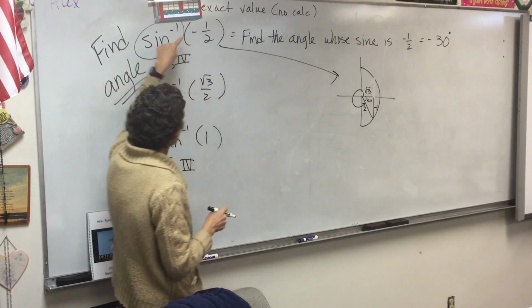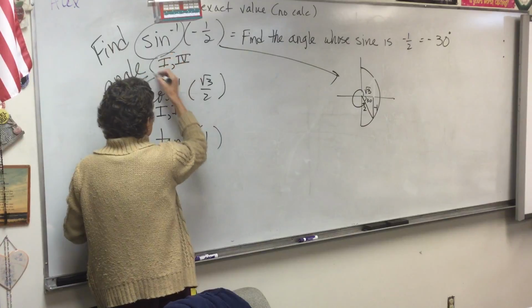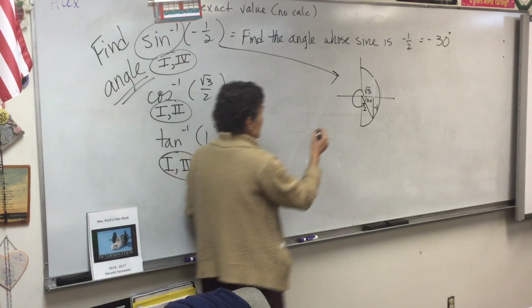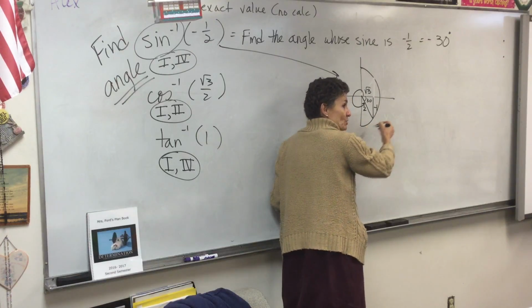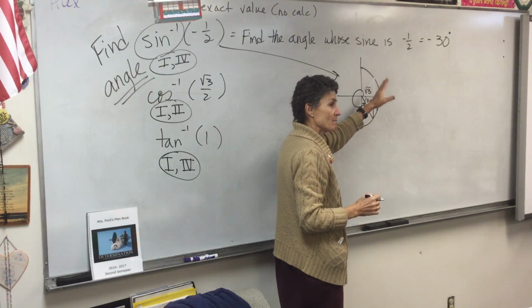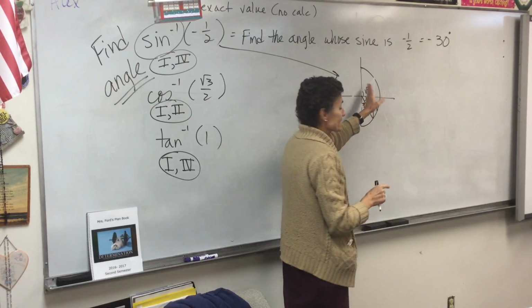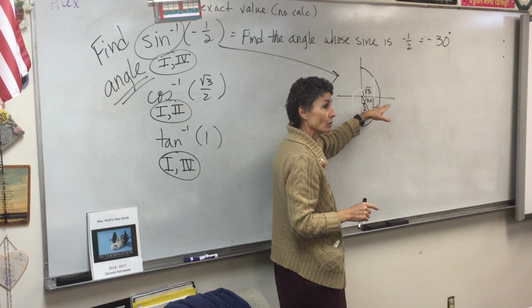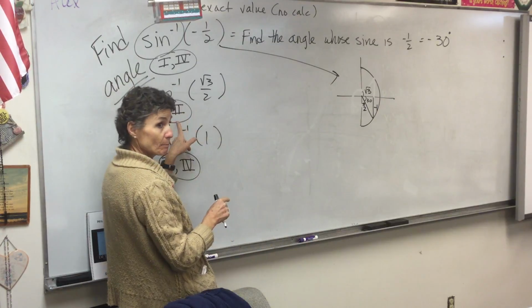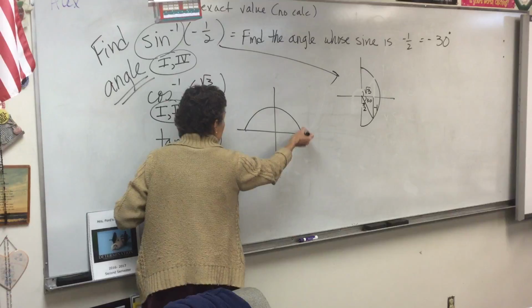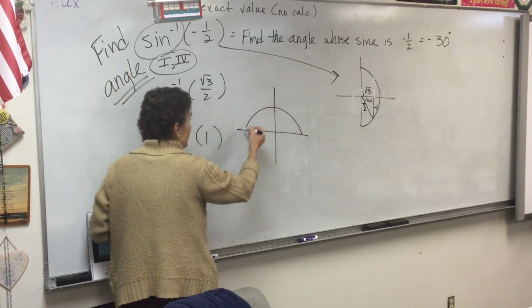Because the rules with this notation, just like you have specific quadrants, the answers have to be, I always draw this half circle, because my answer has to be in that half circle. I can't be out of that circle. When I come to do my cosine problem, I'm going to have to be in this circle, between 0 and pi, quadrant 1 and 2.